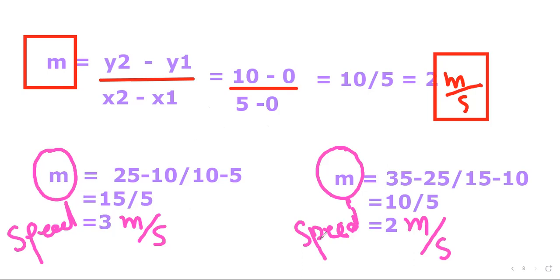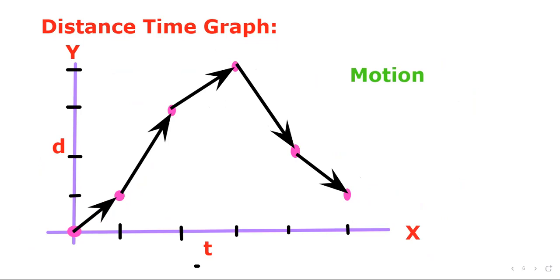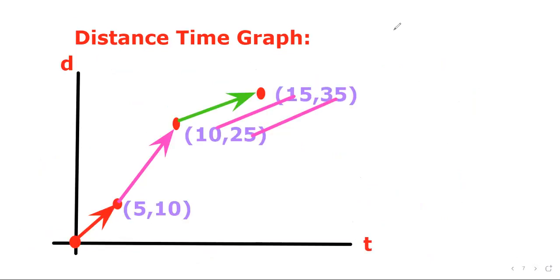It means whenever we calculate the gradient of a distance time graph, we are actually calculating the speed of the object.